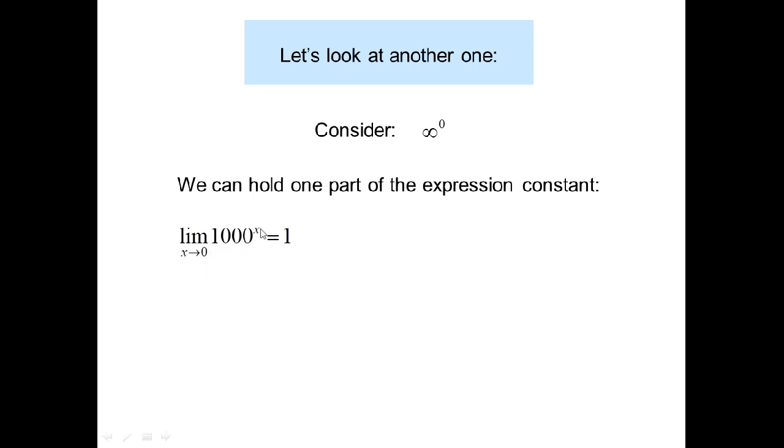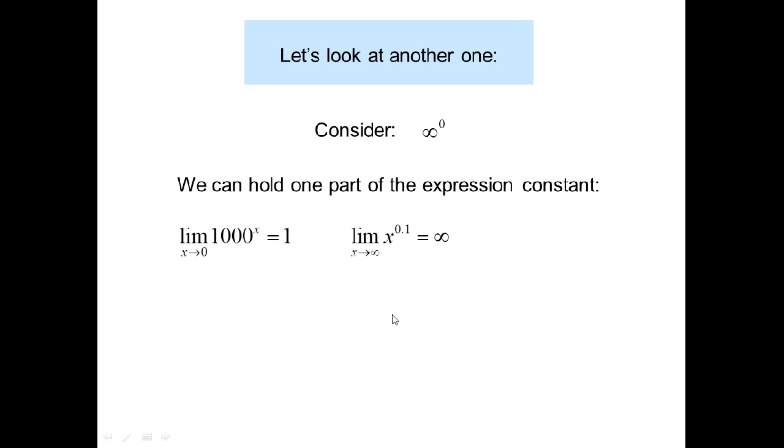So 1,000 to the 0 power is just 1. 1 million to the 0 power is just 1. 1 trillion to the 0 power is just 1. So even if the base is still growing, if the exponent is approaching 0 at a faster rate, we're going to end up with 1.